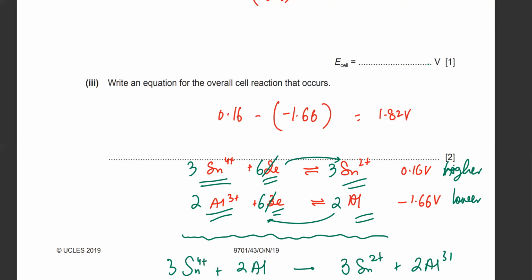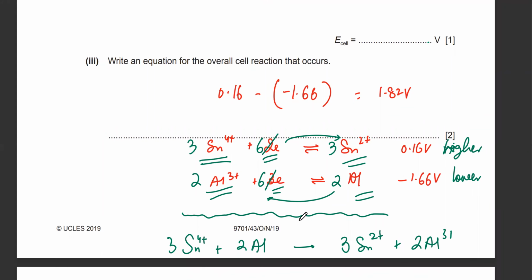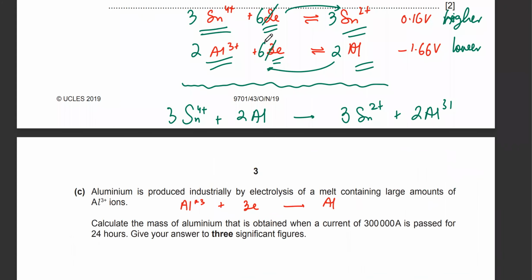So that's going to be your reaction in this case. Okay, is this clear? I've added up the reactants and the products that are formed, and I had to make the number of electrons gained and lost equal.